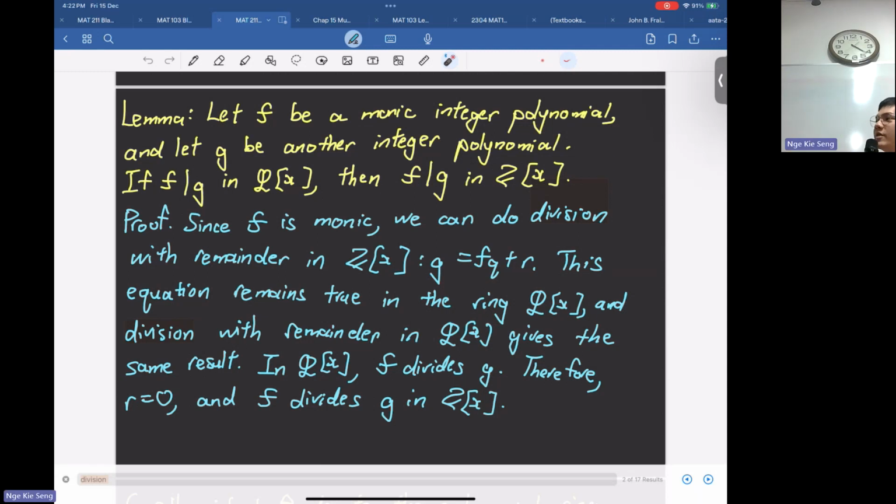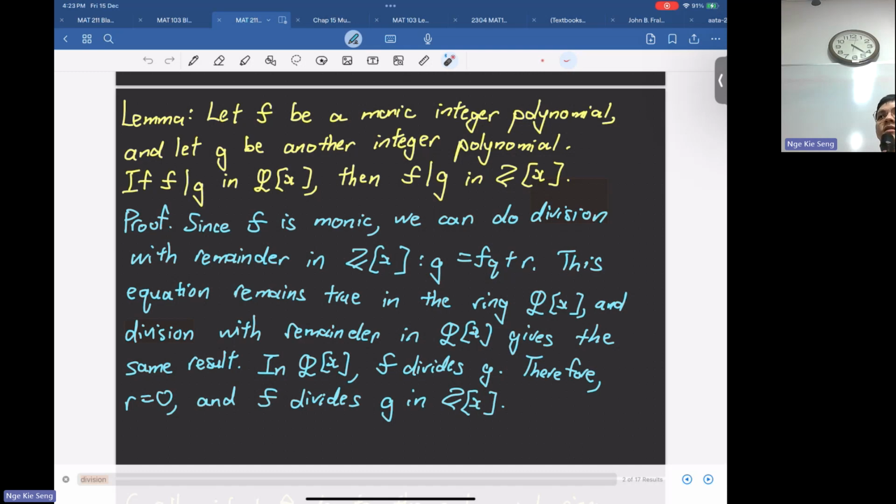This means that when you do division in the rationals, you don't need to use elements of the rationals to help you do the division. You just need integers. This is the essence of this lemma. There's a proof here. You can have a look.